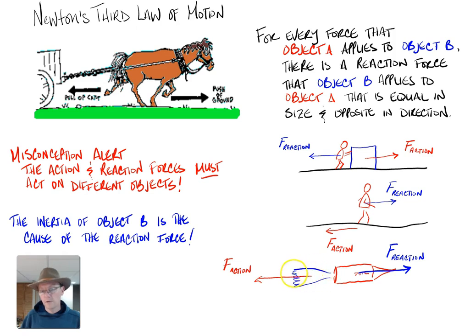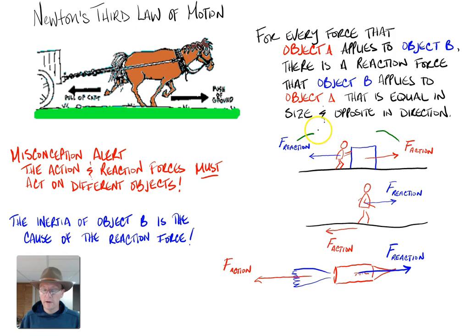And then the gas, because it's resisting that change in its motion, is also going to apply a force on the rocket forward. And we know that they are the same size, and we know that they are in opposite directions. So super handy to have this action-reaction force. In fact, as you see, they go together.